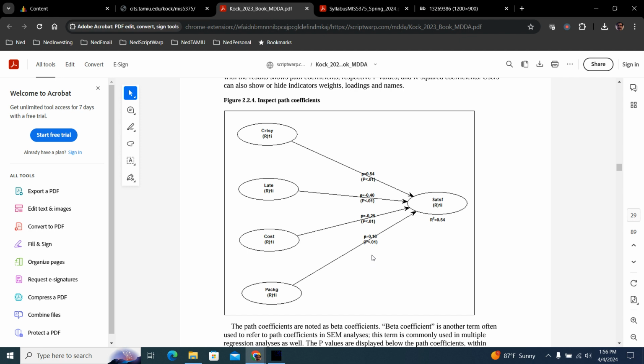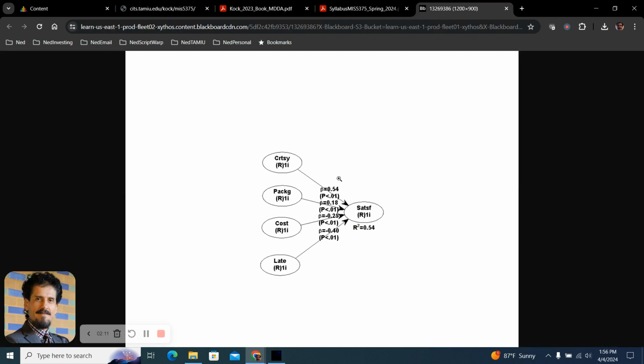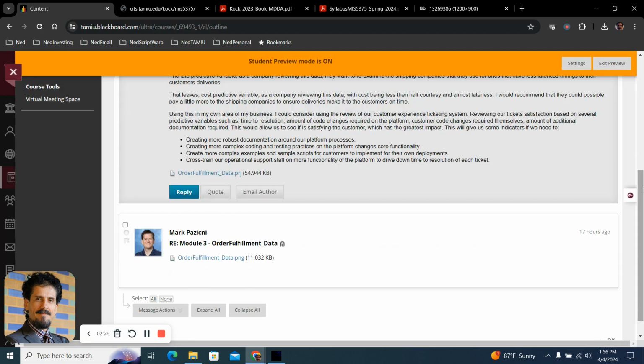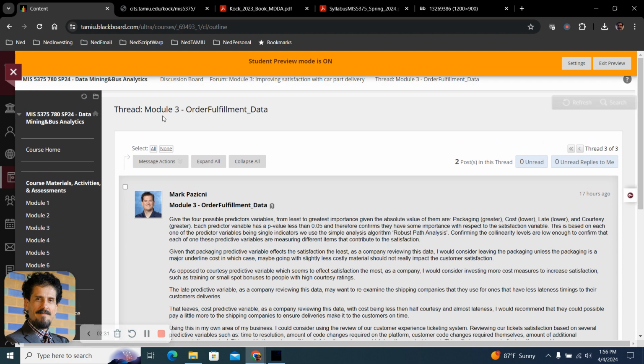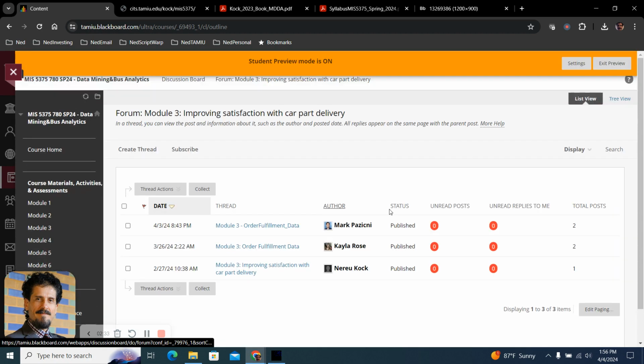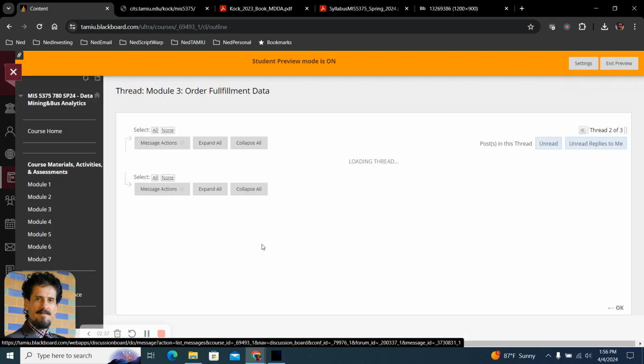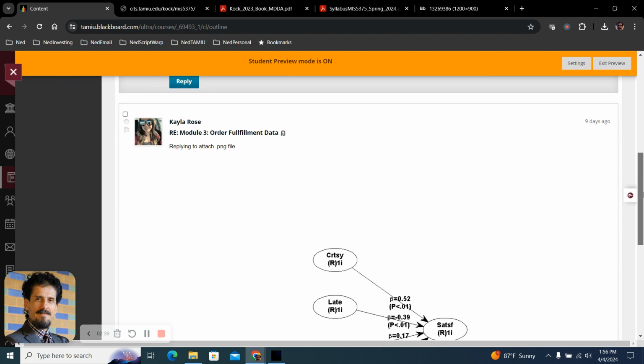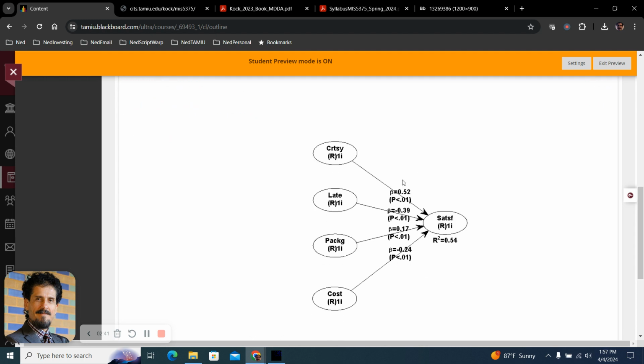But anyways, we have these values here, and they're consistent with the values that Mark got. But if we look at the submission by Kayla, you see that the values are a little bit different. So it's 0.52, 0.39.